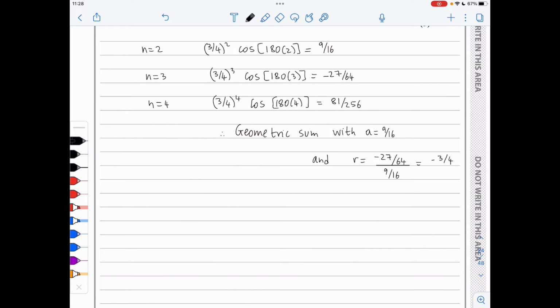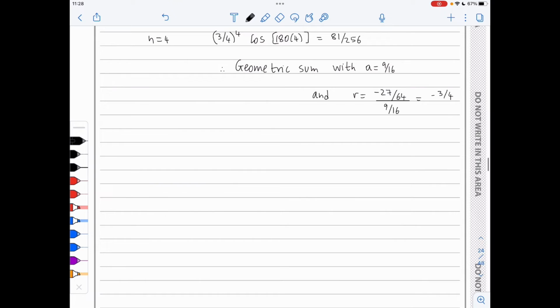And now that I've got all of this information, I can simply say that the sum from n is 2 up to infinity of 3/4 to the n times cos of 180 n is a over 1 minus r, and this gives a value of 9 over 28 as required.